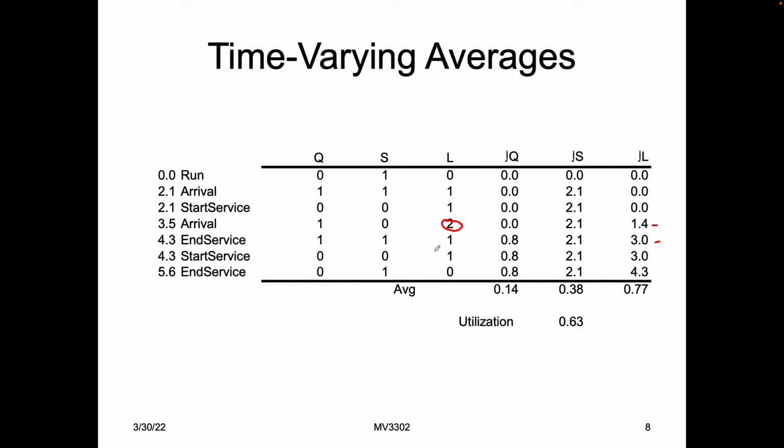Then here we went from 1 to 1 and 0 times, so that didn't add anything to it. And then finally, between the end service event at time 5.6 and the start service at 4.3, we add 1.3 to it, and that gives us the 4.3. And so the average number in the system when we finished at time 5.6 would be 4.3 over 5.6.